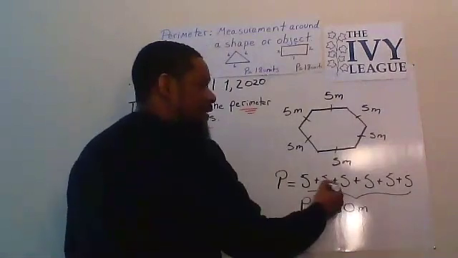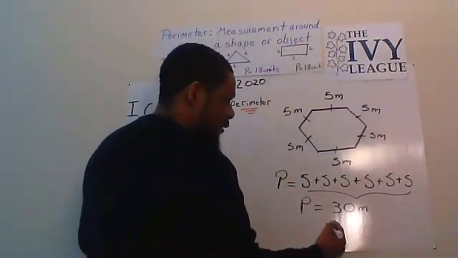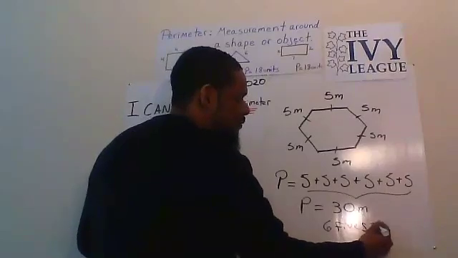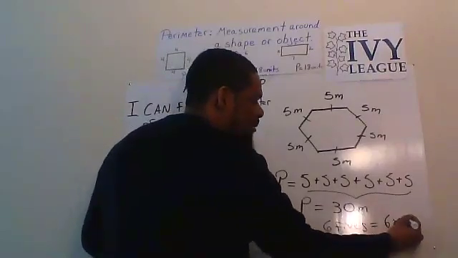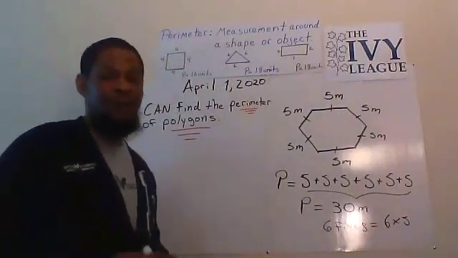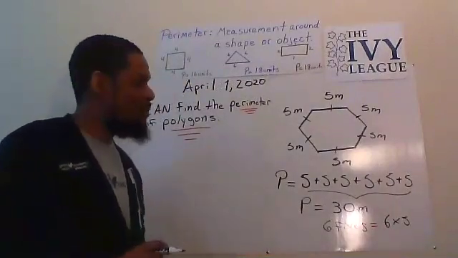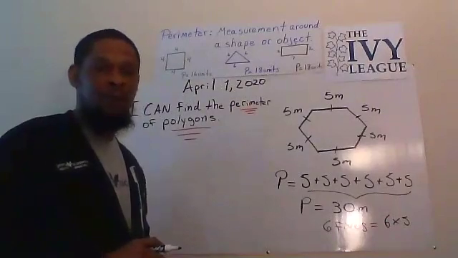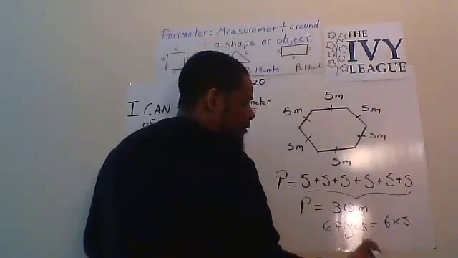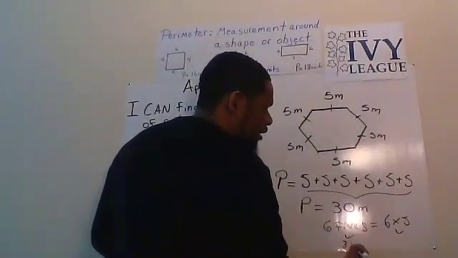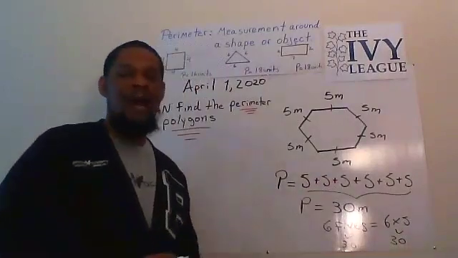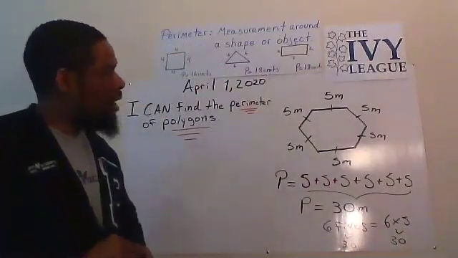Yes. 6 5s is the same thing as 6 times 5. Excellent job. You're so intelligent. I really, really missed this in the classroom. But I think we're doing well in our virtual classroom as well. And we know 6 5s and 6 times 5 equals 30. That's a great way to check our perimeter equation.